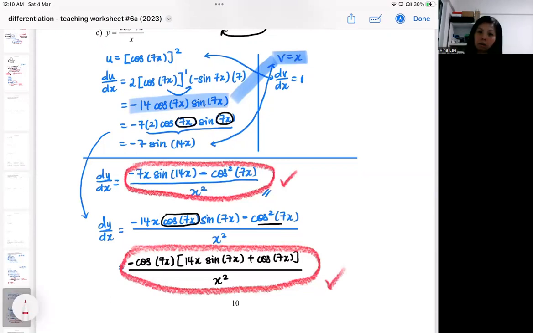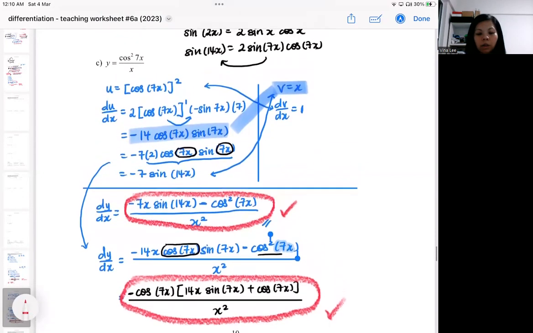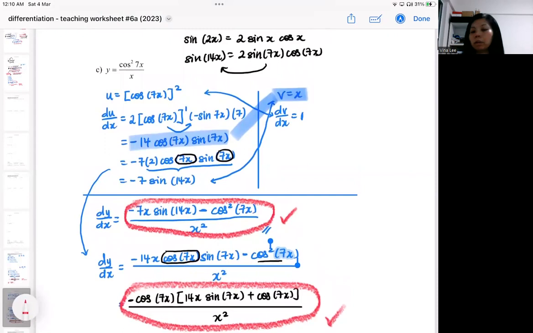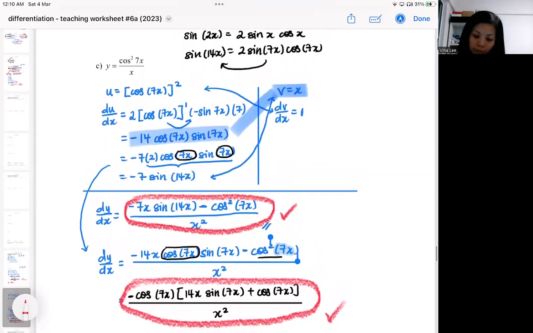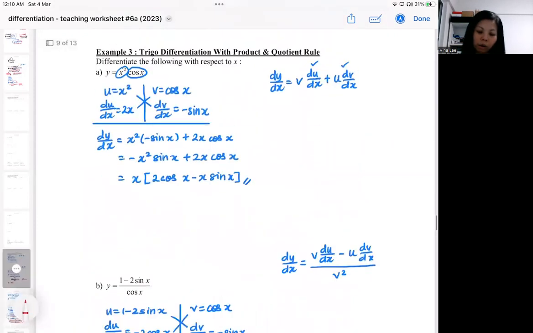So whether you need it or not, the question will indicate. Because if the question decides that it needs some trigo proving, then you will need to do some double angle. Okay, so purely question dependent. So you don't have to think too much whether you need to apply the formula or not. Okay, so that is the product rule and quotient rule that involve trigo.